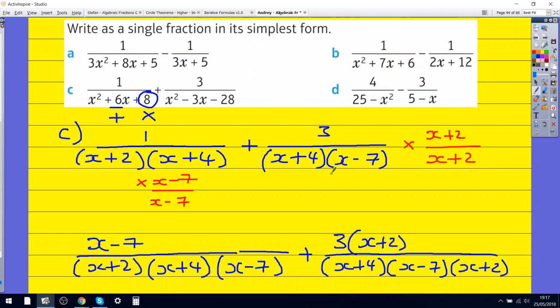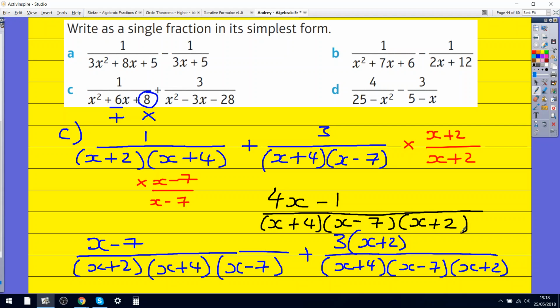Yeah. And so that would be 4x minus 1, I think. Yeah. And that's over? Over x plus 4, x minus 7, and x plus 2. That's it.